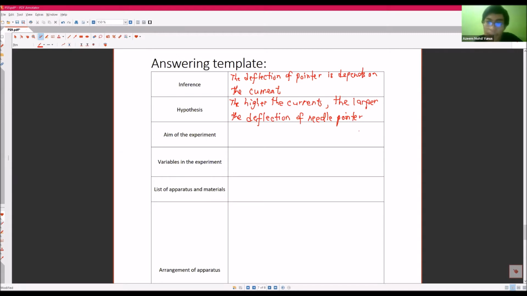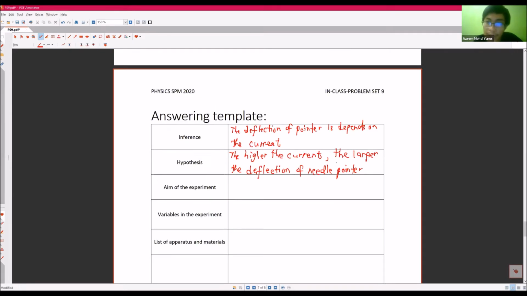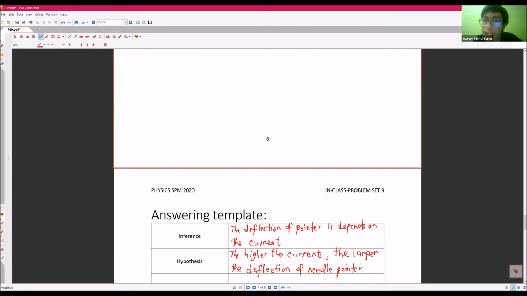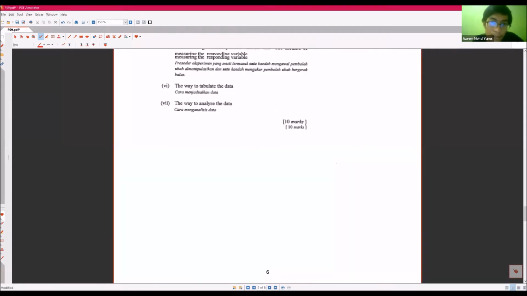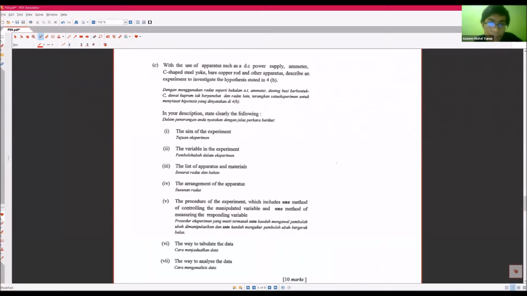Okay. So before we go through the aim and others, let's see what the question gives us. Basically, the question asks us to use apparatus such as DC power supply, ammeter, C-shaped steel yoke, bare copper rod, and other apparatus. Basically, they give us 4 already, so the minimum is 5 functional.